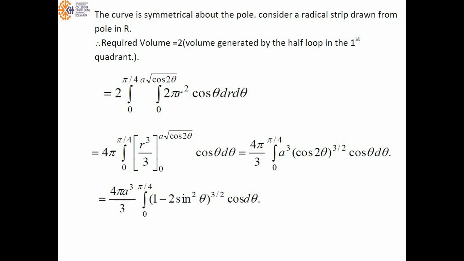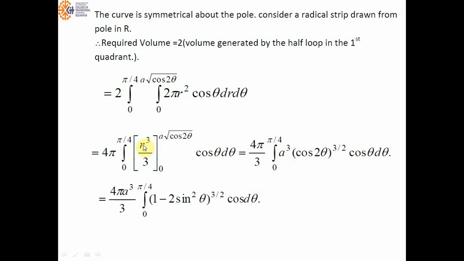So it is equal to 4 pi into integration 0 to pi by 4, r cube upon 3 from 0 to a under root cos 2 theta, cos theta d theta. The constant term you take outside, 4 pi upon 3 integration 0 to pi by 4, a cube.